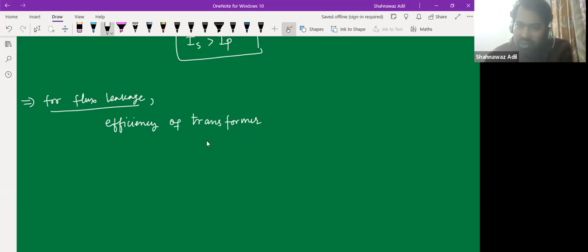This is denoted by eta, and it is equal to power output, whatever output you are getting, divided by whatever you supplied. This is Vs Is divided by Vp Ip, right?